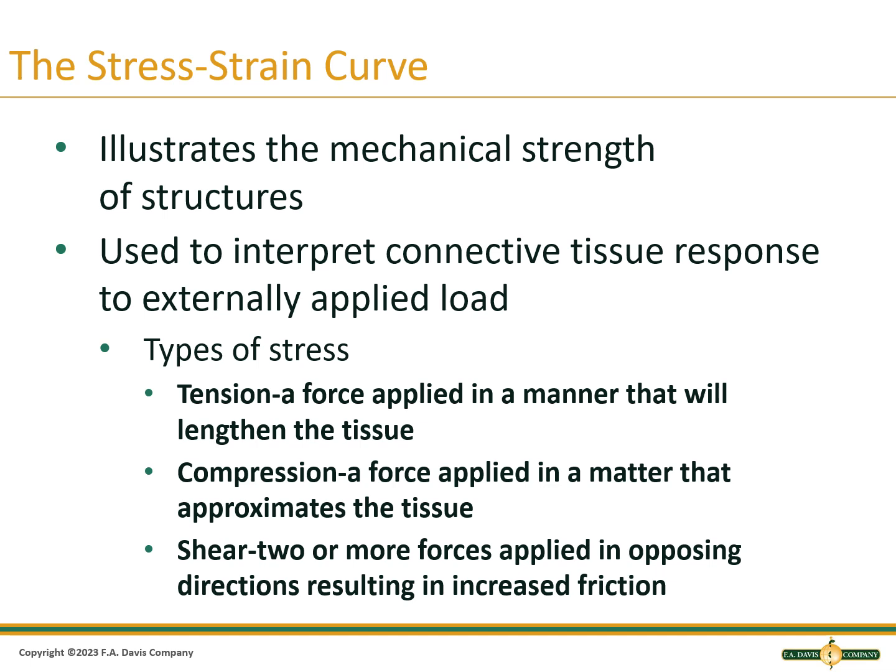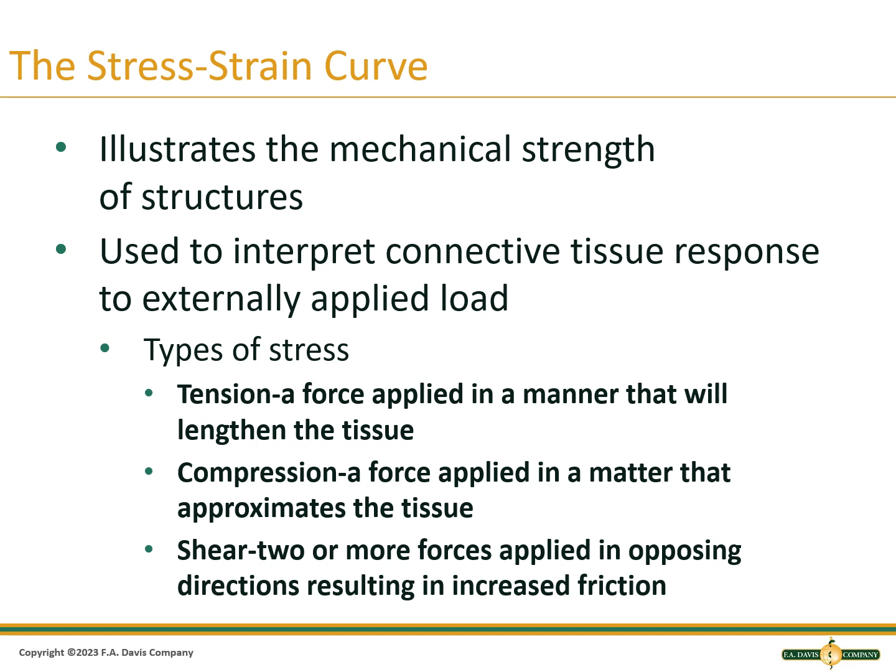There are different types of stress that we're looking at when we're talking about this stress strain curve or any stresses on the body. And so understanding the difference between the types of stresses is important. Tension is going to be a force that's applied in a manner that will lengthen the tissue, so it pulls and causes tension through the tissue. Compression is a force applied in a manner that approximates the tissue, so that's where we're getting the tissues pushed together and squished.